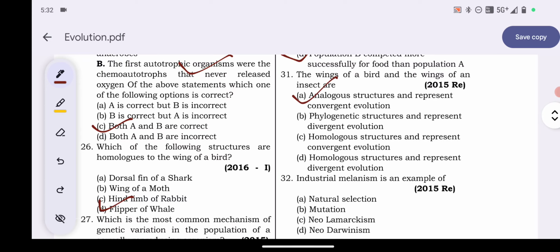Explanation: convergent evolution describes the process through which animals that are not closely related gain comparable traits on their own as a result of needing to adapt to similar environments or ecological niches. Analogous structures emerge from convergent evolution. Organs with similar function but different structure and origins exist, for example, a bird's wing and an insect's wing. So A option is the correct answer.